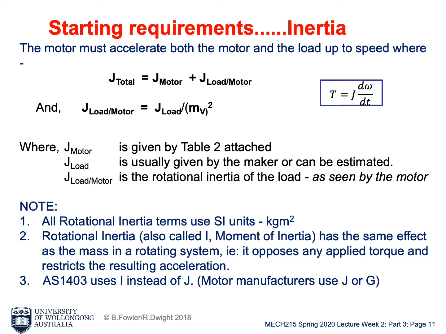If it's just a random shape, calculating this with pen and paper is quite difficult. Then J load motor is the moment of inertia of the load mapped or mirrored to the motor, because there's a gearbox in between. So this moment of inertia will be smaller, as seen by the motor.